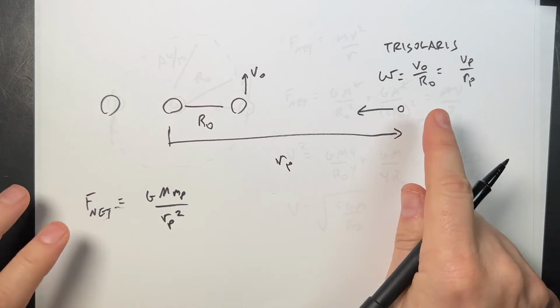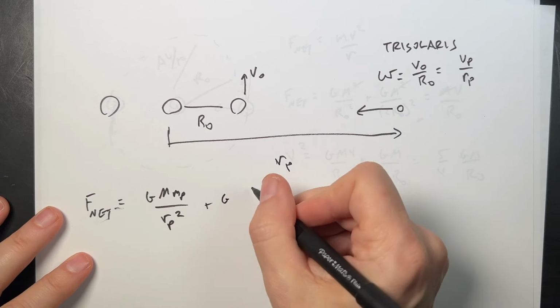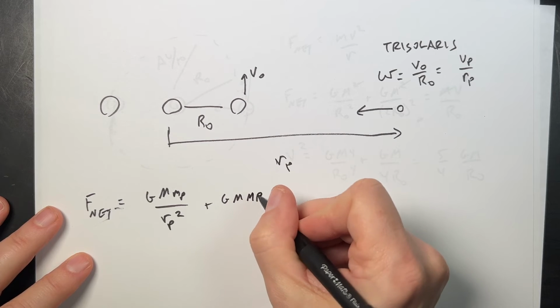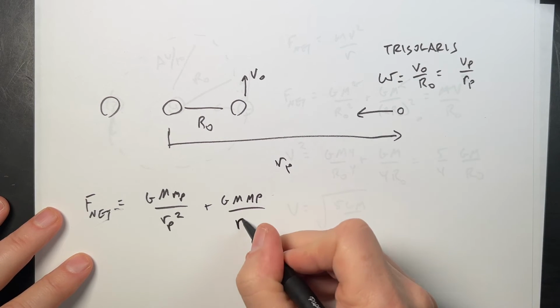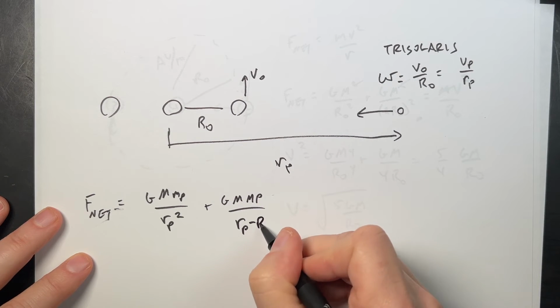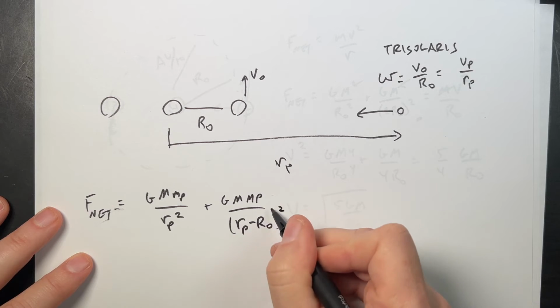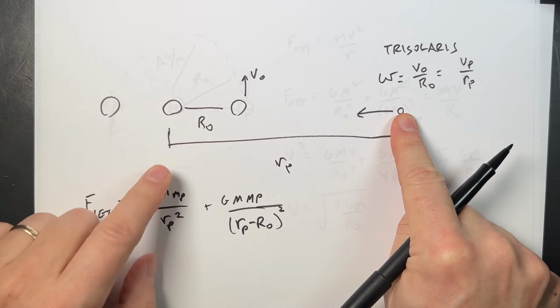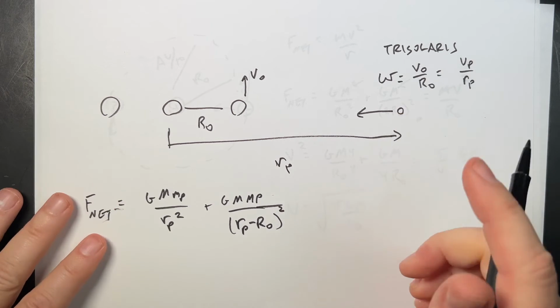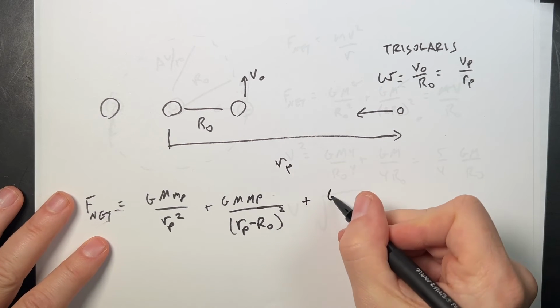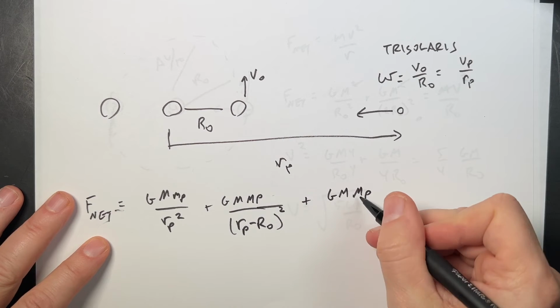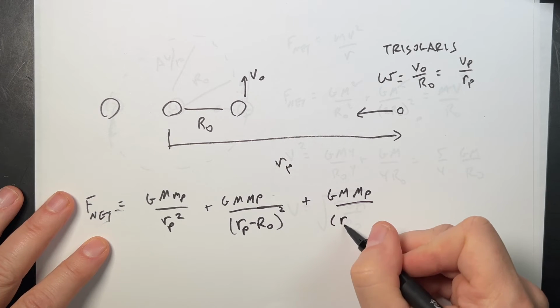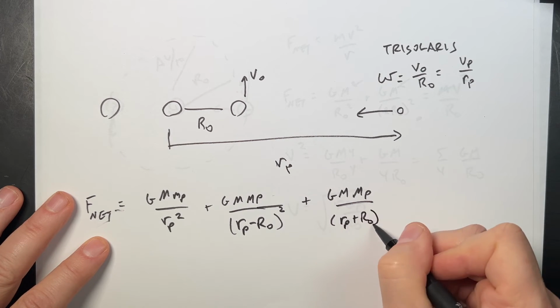Now this one is going to be plus G mass of the planet over RP minus R0 quantity squared, right? Because this one's a little bit closer, so I have to take off that. And now this one's a little bit further, so I have to add that on there. So plus G mass of the planet over RP plus R0 quantity squared.